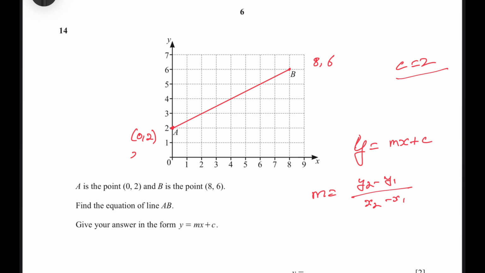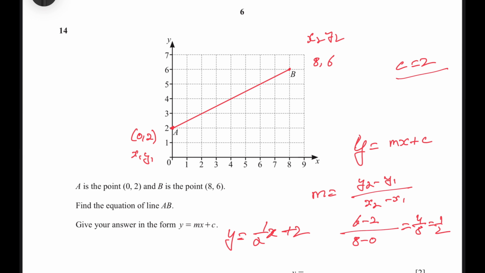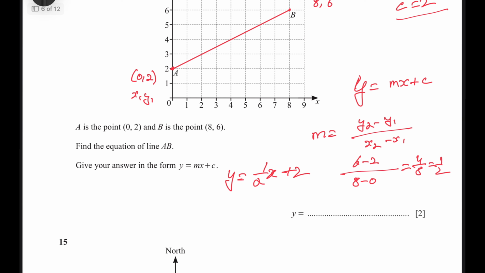So taking this point as x1, y1, this point as x2, y2. Okay, so y2 minus y1 is 6 minus 2, and x2 minus x1 is 8 minus 0. So this becomes 4 by 8, which is 1 by 2. So m is 1 by 2. So y is half x plus 2. That's the equation of the line, y equals half x plus 2. Okay.